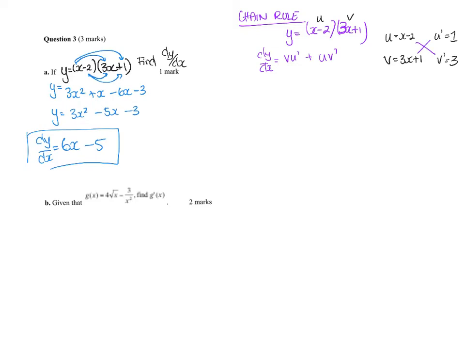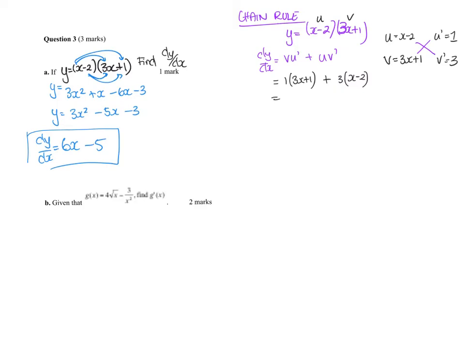So what I have there is, I'll do what the rule says: 1 times 3x plus 1, plus 3 times x minus 2. So I've matched those two up.